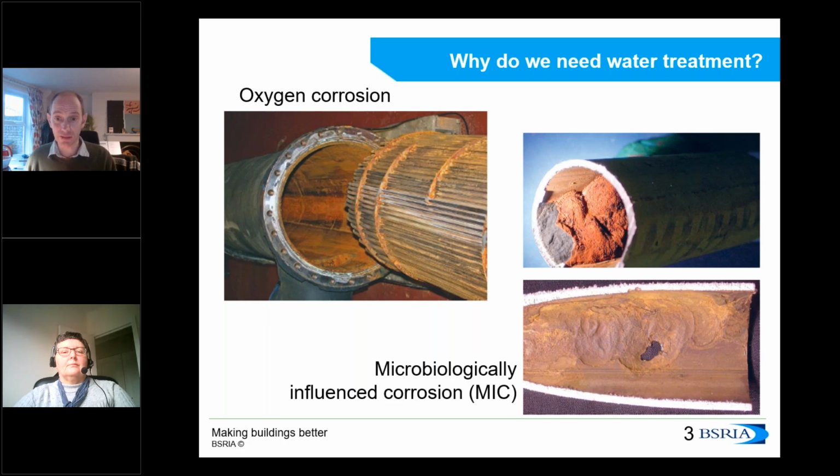And these pictures here are actually screenshots from case studies in the guide, and they're taken from investigations that BSRIA staff or people on the BG50 steering group have carried out, in which they've identified what has actually caused pipes to fail. So with microbiologically influenced corrosion, what you tend to get is a buildup of what we call a biofilm, and then you get bacteria that literally eat away at the inside of the pipe.